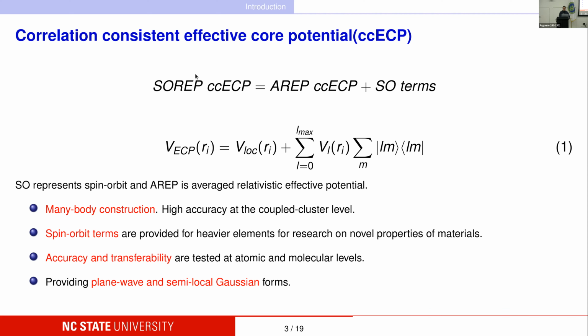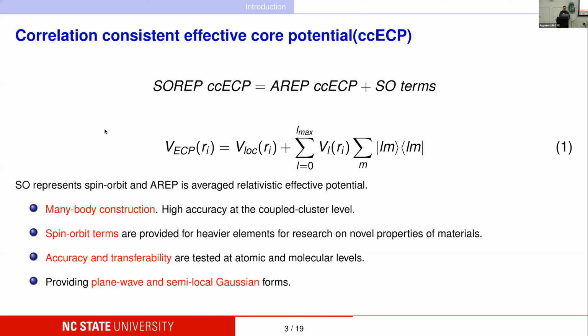That's selected by l. All of our CCECPs are actually optimized against CCSD(T), or coupled cluster singles, doubles, perturbative triples data, all electron data, in fact. And the spin orbit terms are actually calculated using COSI from Dirac with all electron again, and optimized against those.